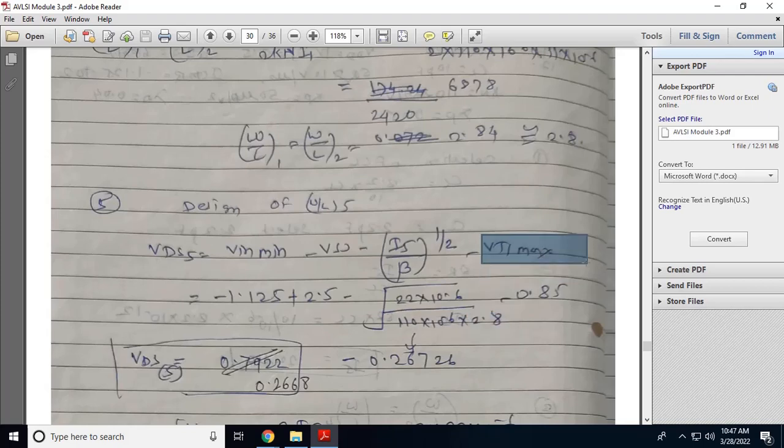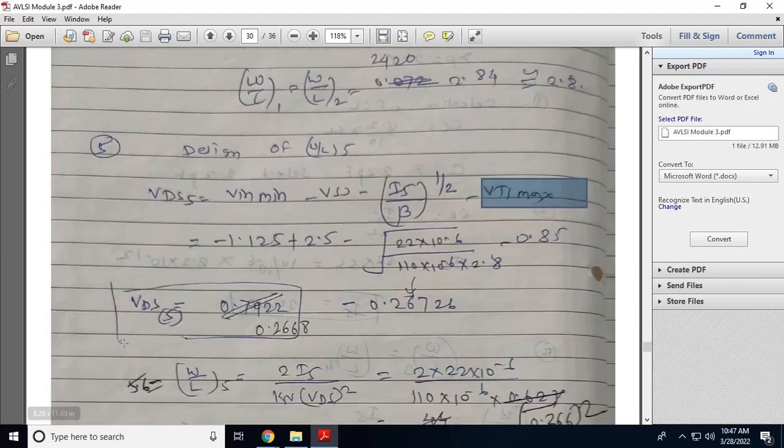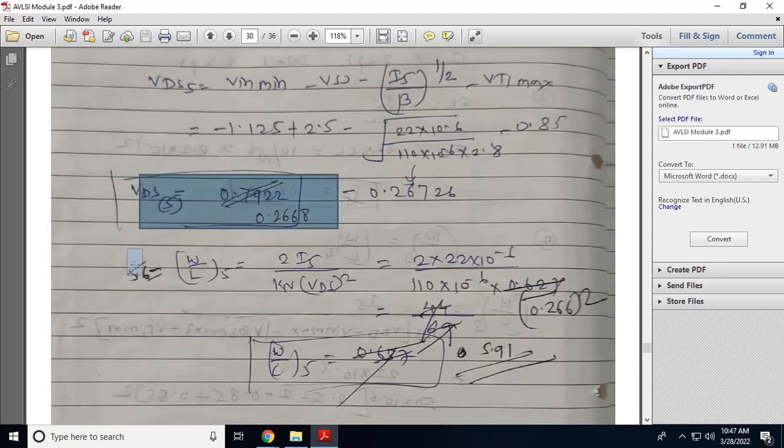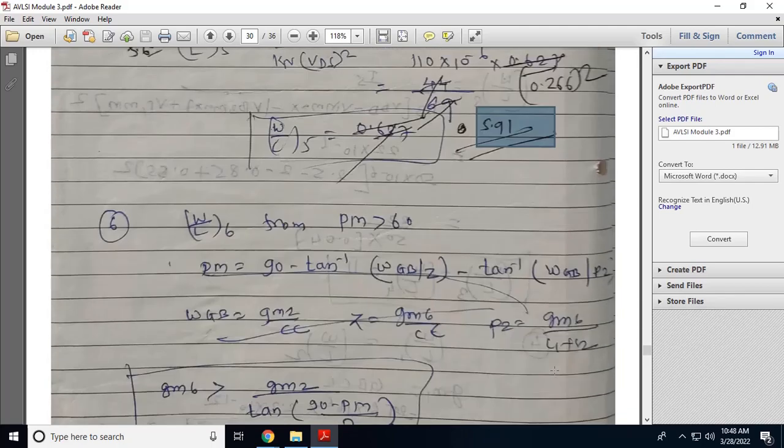Vt max is 0.7 plus 0.15, that is 0.85. So VDS 5 is 0.2668. So size of 5 is equal to 2 into I5 divided by Kn into VDS square. So 2 into I5 is 22 micro, Kn is 110 micro, VDS is 0.26 squared. So size of 5 is 5.9.